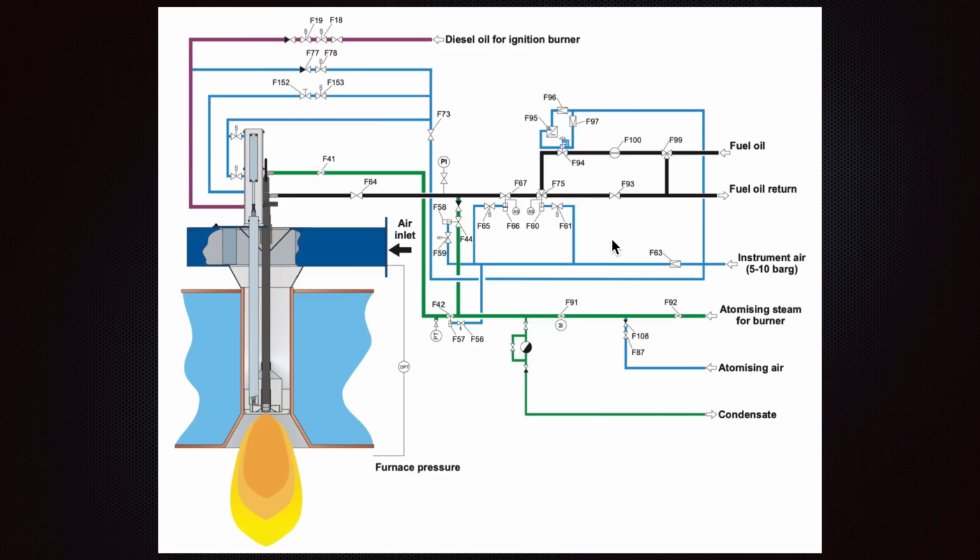But if something does not operate, you will get an alarm with the number of the valve, so you directly know which valve is not performing, and you go there to resolve it.